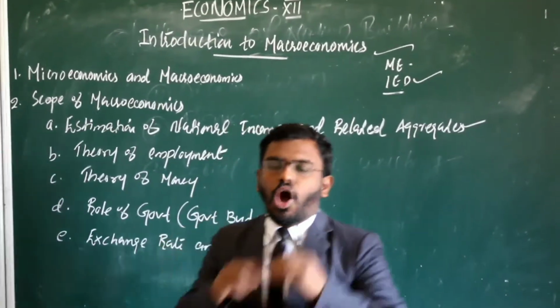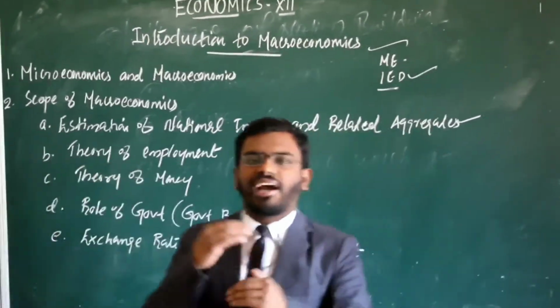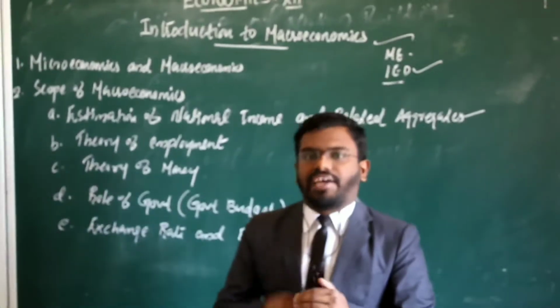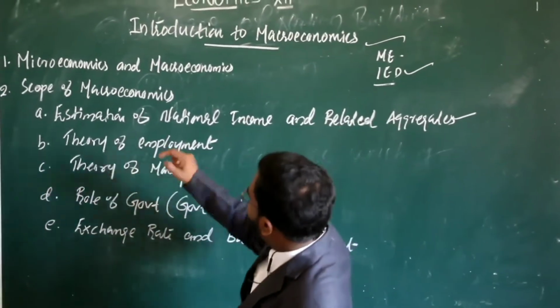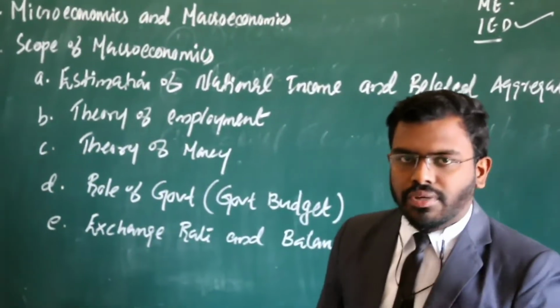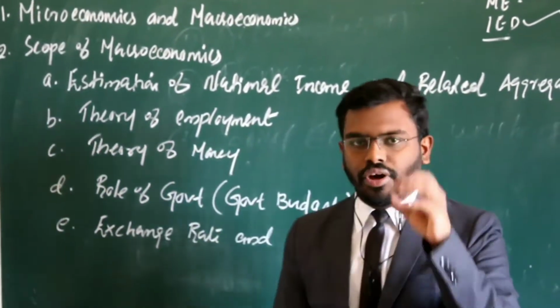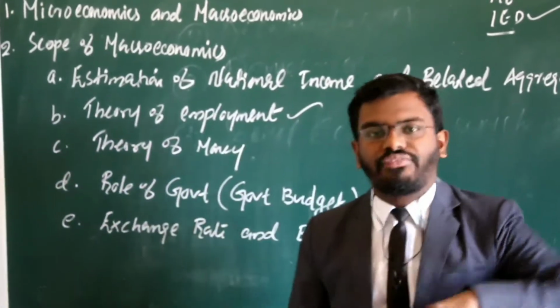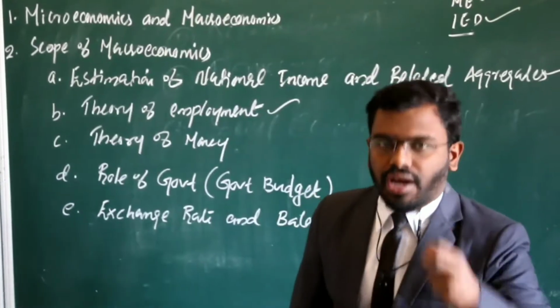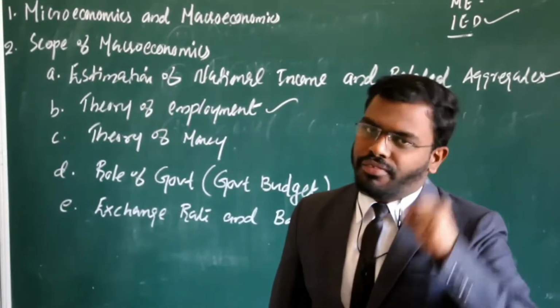So how can we estimate or calculate national income and the related aggregates? The second one is theory of employment and theory of unemployment. How the equilibrium level of employment is determined in an economy, that we will discuss.